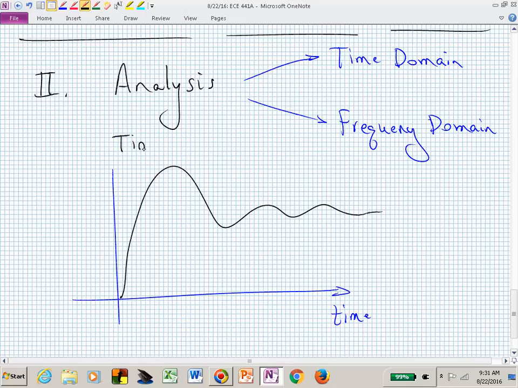And in the time domain, we can be playing with differential equations. And that will allow us then to identify particular properties. What was T sub P?